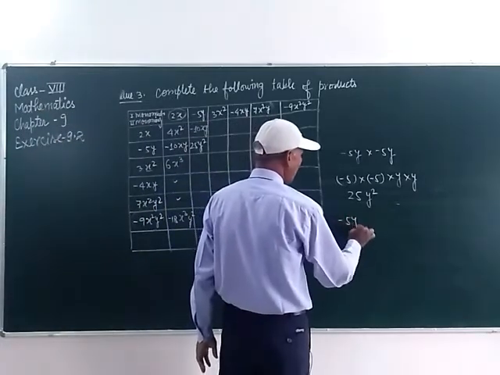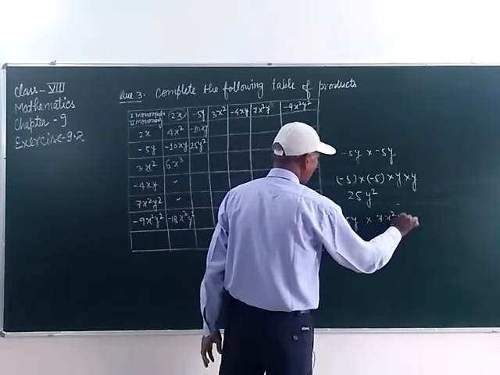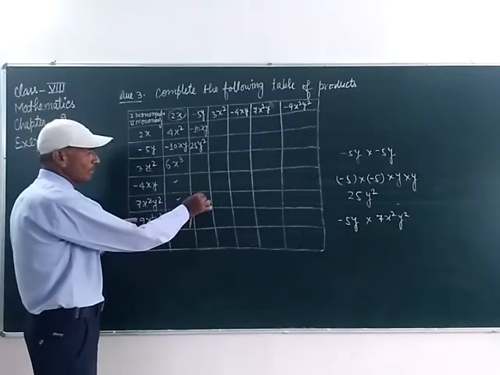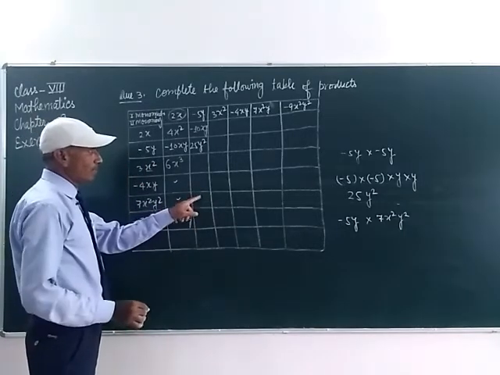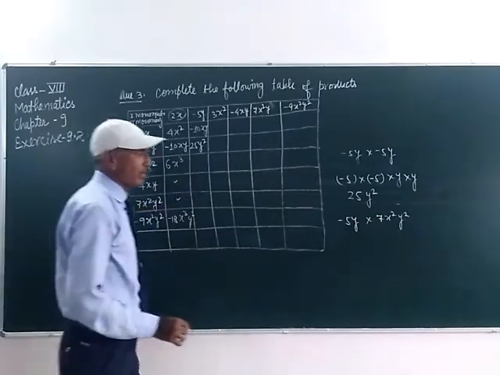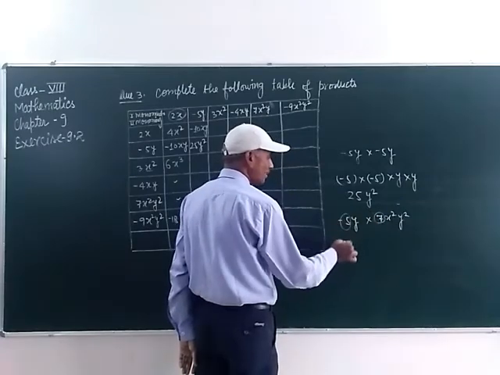And in this column, student, if we multiply this minus 5y with 7x square y square, clear, student? Minus 5y into 7x square y square, this one, student. We have to fill this blank. So first of all we have to multiply this 7 with minus 5.